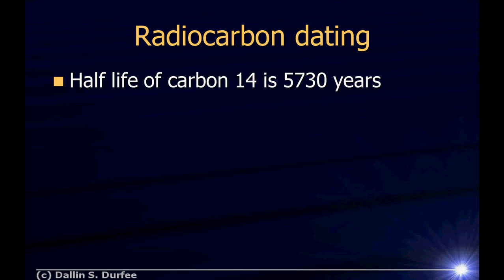So the ratio of carbon-12 to carbon-14 would change. The fraction of carbon that is carbon-14 would go down by a factor of 2. So you can tell how long something has been dead by measuring the ratio of carbon-12 to carbon-14.